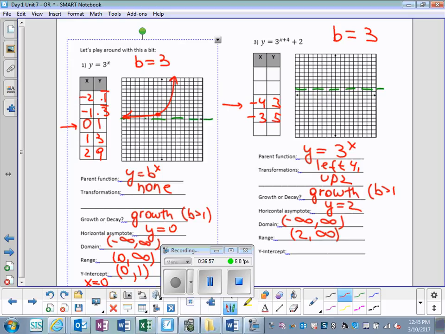Or do it with me. So minus 5, minus 6, and this plus 2, plus 2. So 2, 1, 2, 3, 5, and then 11. I'm applying transformations to mine. It's not 2/3.